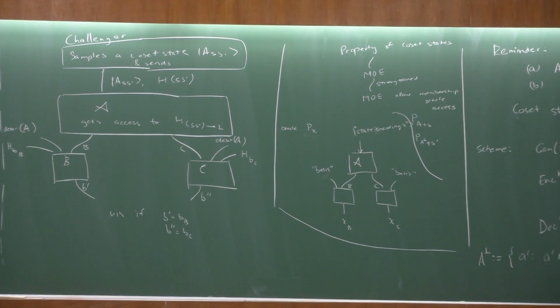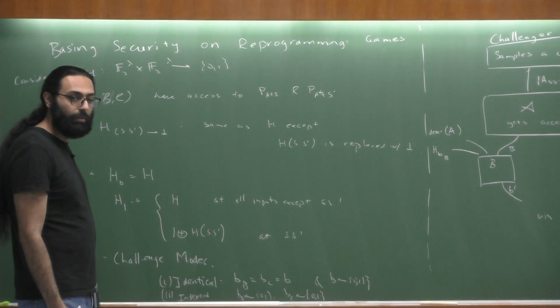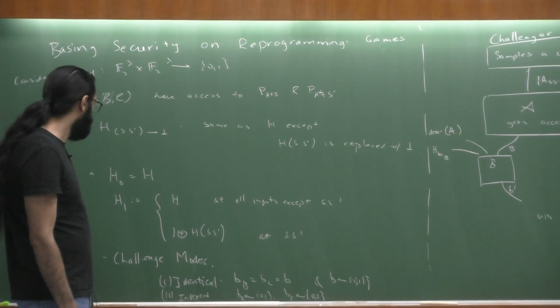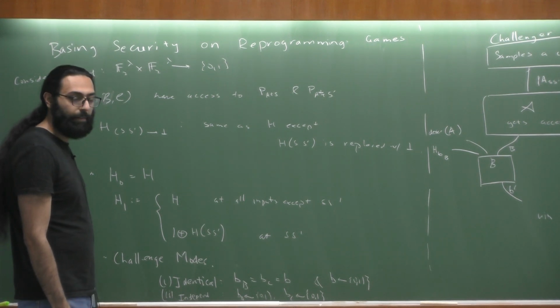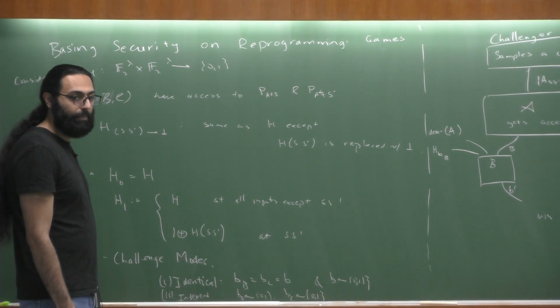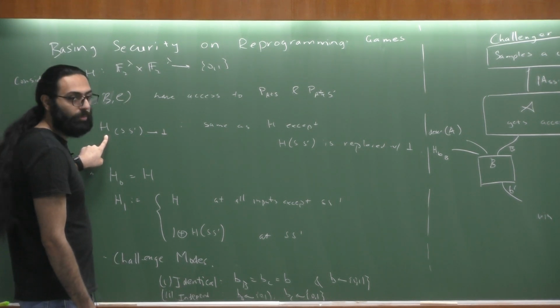Yeah, sorry, what was your question? What is 1 plus 12, for example? So if I call H1 at SS prime, will it be 12? H is the standard random oracle, right? So when I have access to H1 and I query at SS prime, I will get 1 plus H at SS prime.